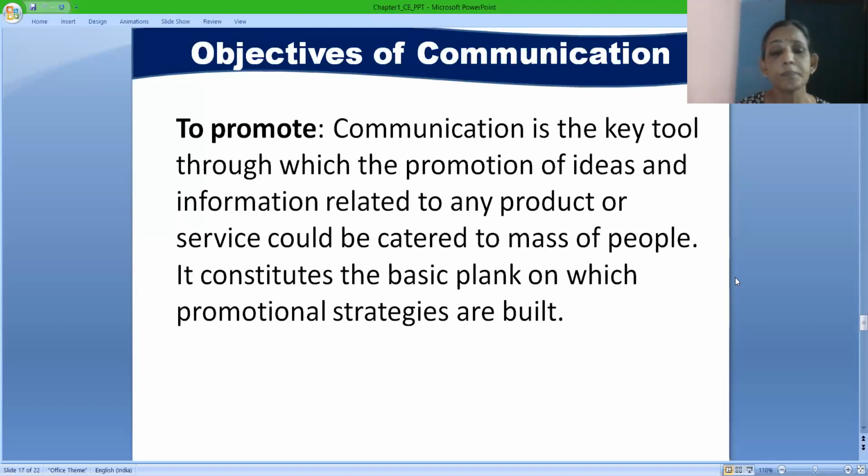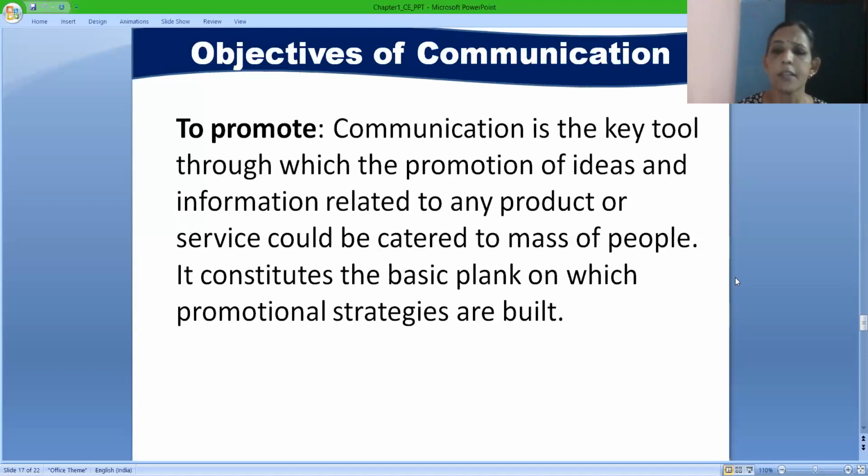The next is to promote. Every now and then we watch television, or play games on our Android mobiles, or even watch YouTube channels, and we come across different advertisements. These advertisements are promoting some product. So whenever we are promoting any piece of information, it is a part of communication.